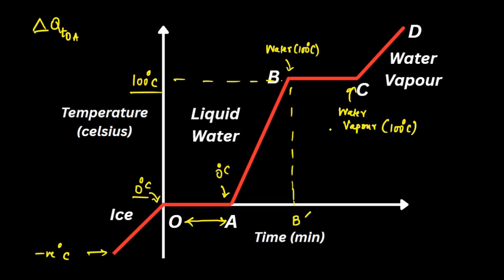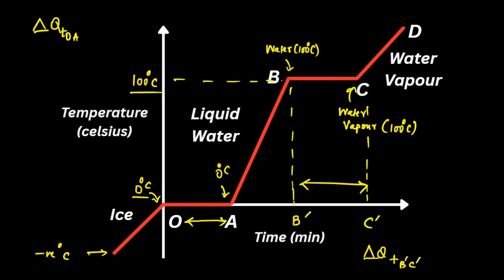The temperature does not change for this much duration. So this much amount of heat from B dash to C dash is used up in changing the state of this water to vapor at constant temperature.